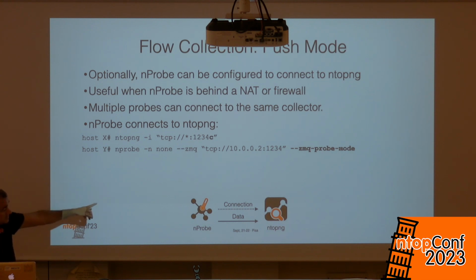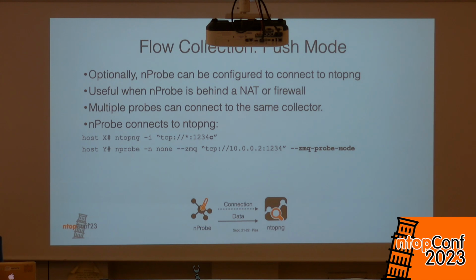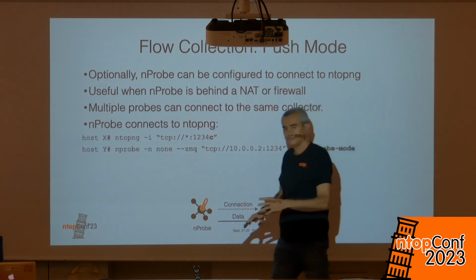If you want, inside the nprobe package, there is also a tool that is acting as a proxy. Suppose that you have a router, okay, and suppose that you have the collector here inside. And this router I want to send flows to here. So we have a proxy that is collecting the flows, that is delivering them in various ways here. So as part of the ntop package, there are all the options to massage the data.